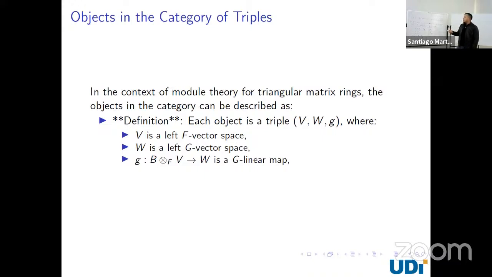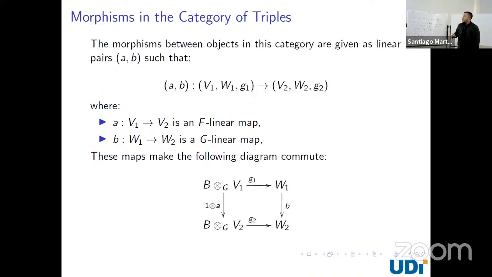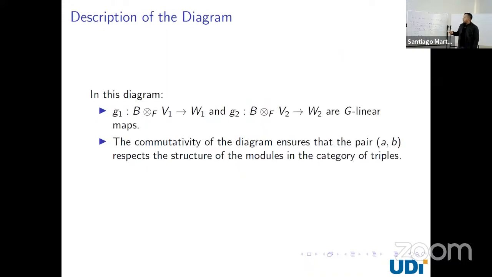Here, F and G are considered to be division rings. In this new category, we can define a morphism between the objects to be a pair of linear maps between these F-linear and G-linear spaces that makes this diagram commutative. This commutativity of the diagram ensures that the pair (a, b) respects the structure of the model in the category of triples.